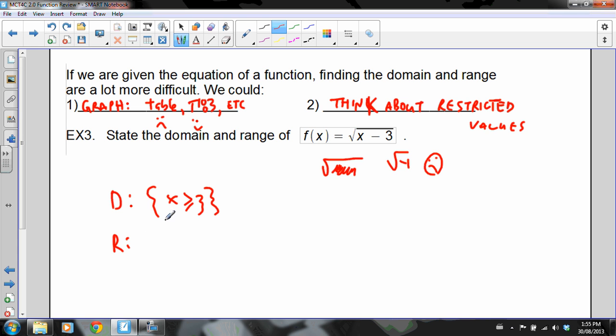Think about what types of values are coming out of a square root. Well, they're never going to be negative, right? They might be 0, and in fact, if x is 3, 3 subtract 3 is 0, the square root of 0 is 0. So this is going to be 0 or more, isn't it? And I can think of the outputs as y is greater than or equal to 0.